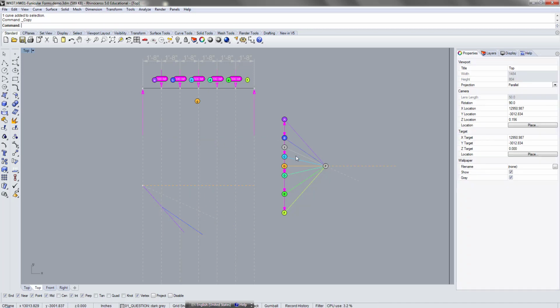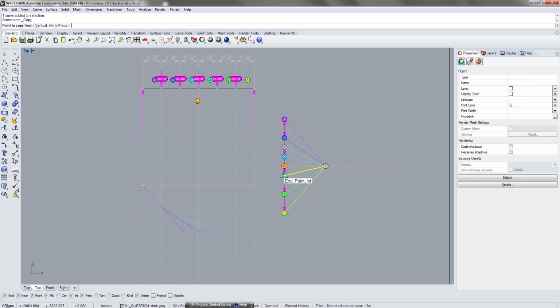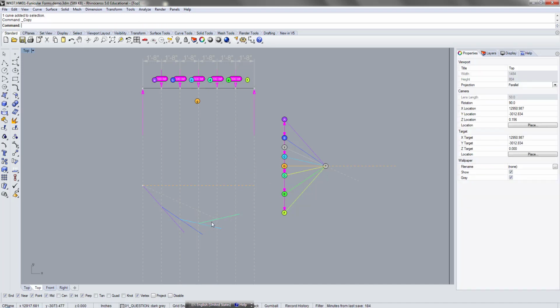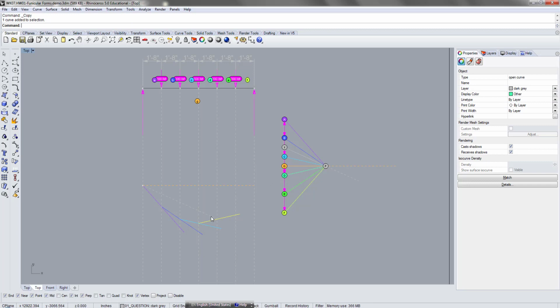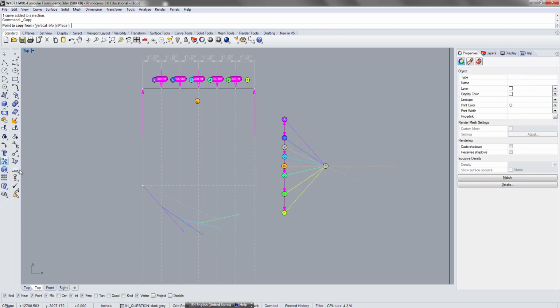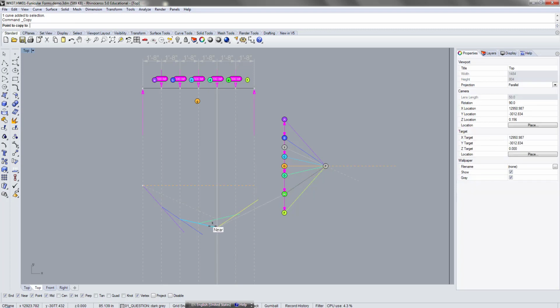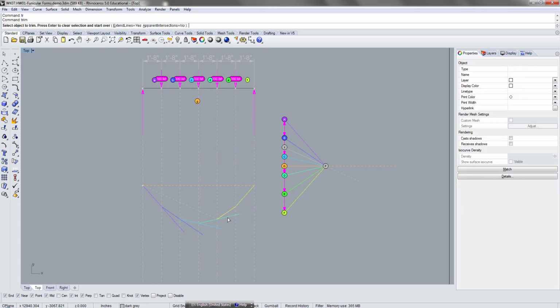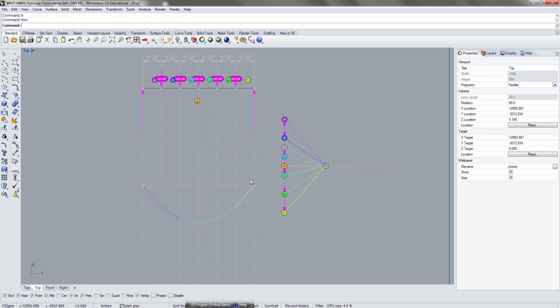A, B, C, D. As you can see, D passes through the point that was defined by this line, and then another line, E, F. So trim everything. So that's the new funicular curve.